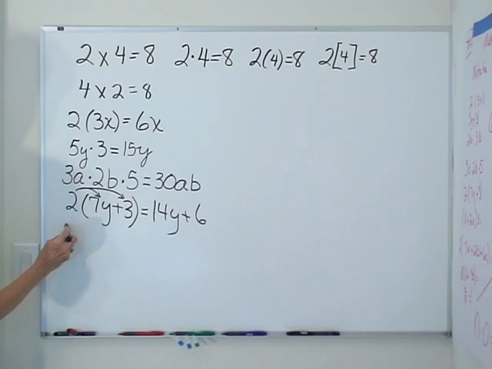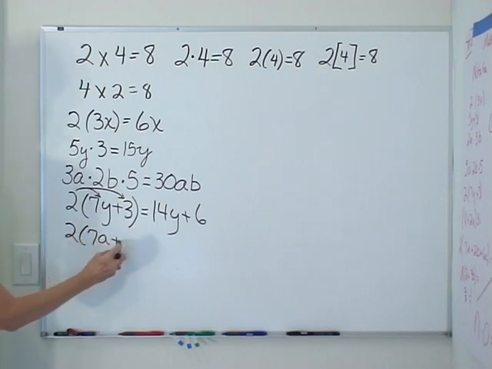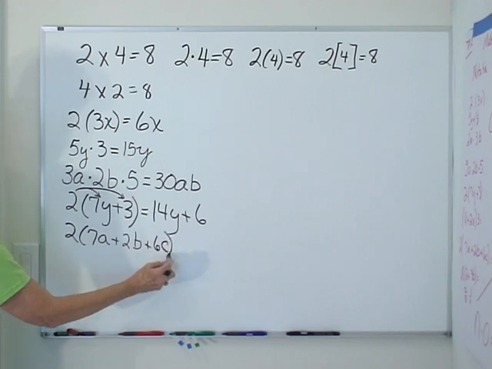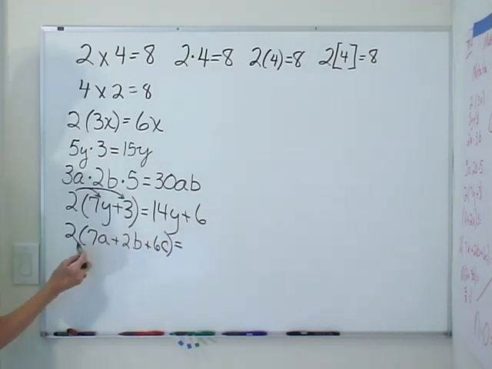It doesn't matter how many terms there are. I might have 2 times 7a plus 2b plus 6c. And it doesn't matter how many are in here, I still multiply the 2 by every single thing.